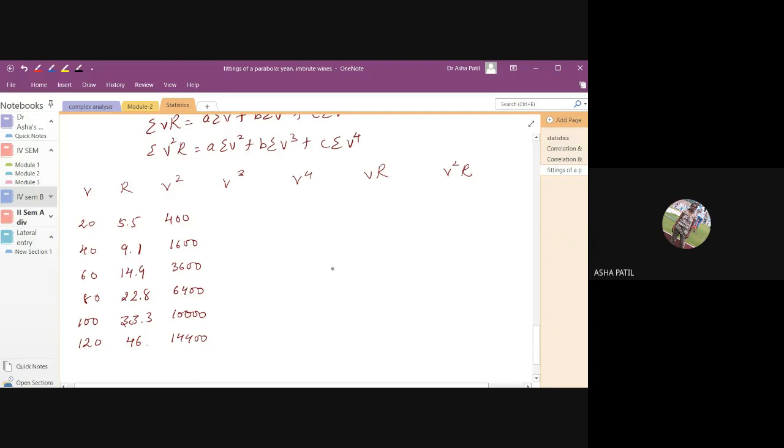For V cube, how much do you get? 800 or 8,000? 8,000. 64 and 3 zeros. How much? 36 into 6, is it 216? 000.